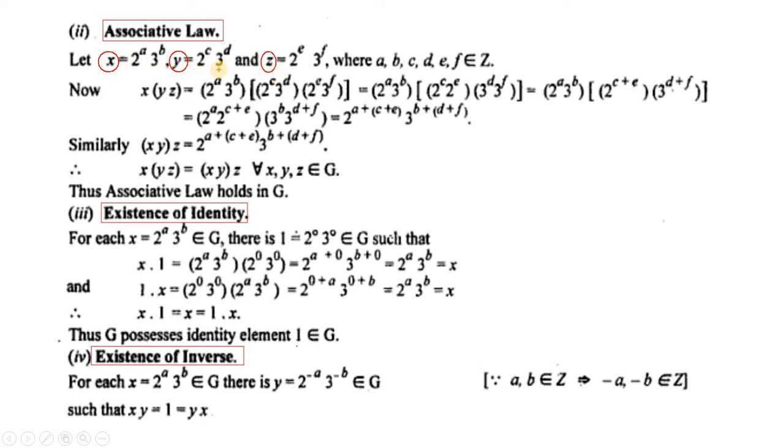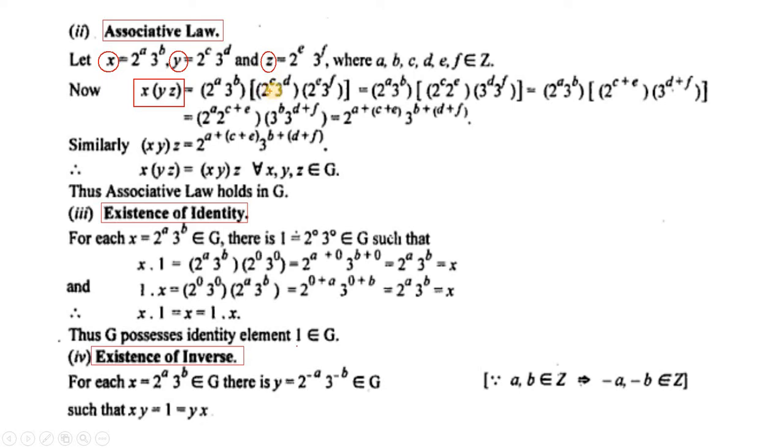In these elements of set G, the exponents from a up to f, all these exponents belong to Z. Now taking the associative property, by putting the values of x, y, z. Here we see the values. Now simplifying, first of all we will simplify this bracket.